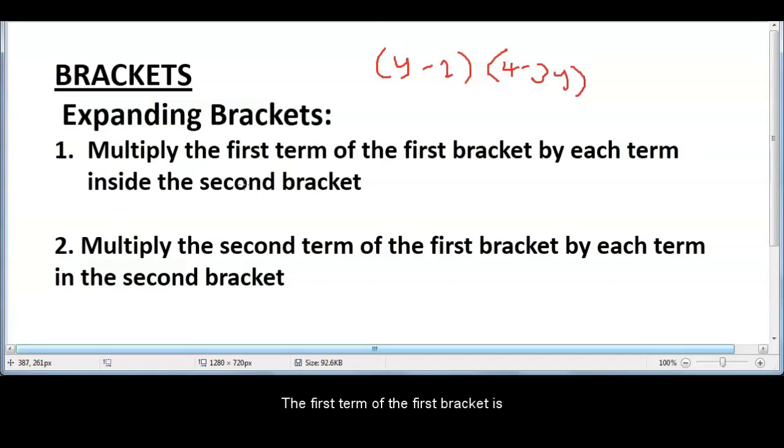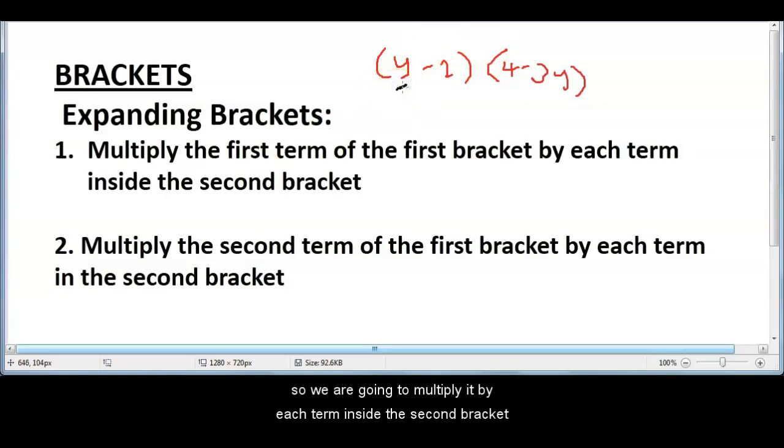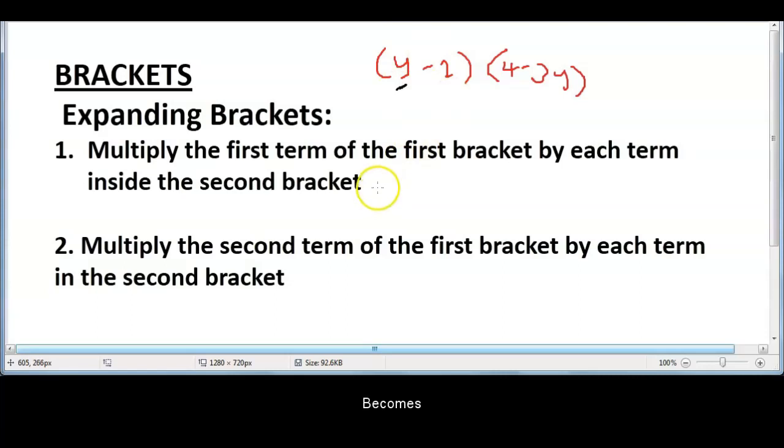The first term of the first bracket is y. So we're going to multiply it by each term inside the second bracket. It becomes y multiplied by the second bracket, 4 minus 3y.